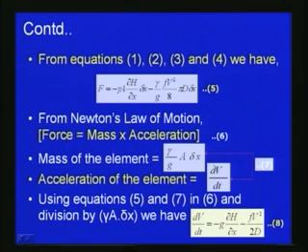So, now if we use equation number 5 and 7, this relationship for mass and acceleration together, and if we divide by gamma A into delta x, we have dv by dt is equal to minus g into del h by del x minus f v square by 2d, as in equation number 8.